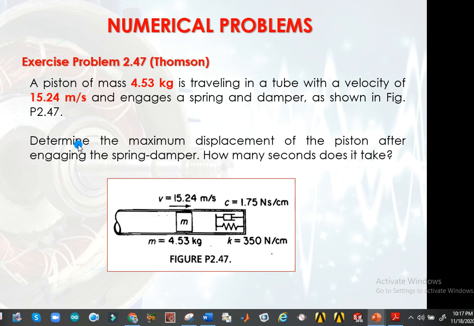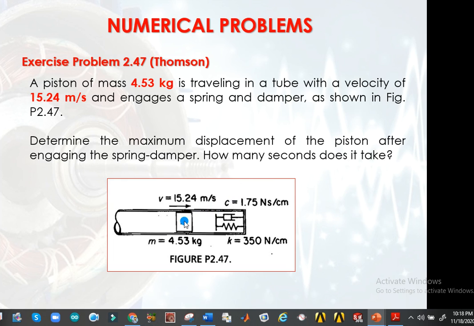Okay, we have to determine the maximum displacement of the piston after engaging with the spring damper system. So we have to find out what will be the maximum displacement of this piston assembly after collision with this spring damping assembly, and how much time it will take during the process.